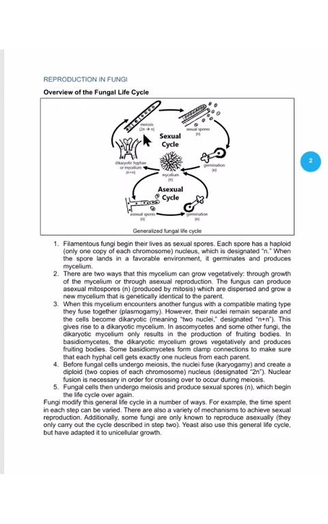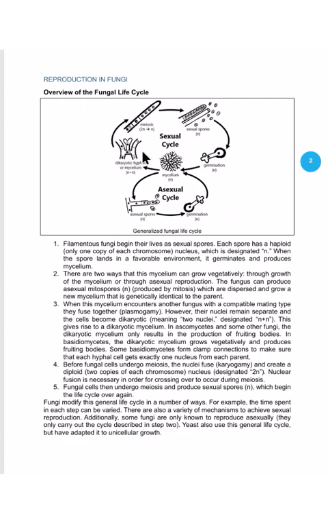So in this mating, or fusing, the first step is what we call plasmogamy. In plasmogamy, the two mycelia meet together, and the plasma of the two cells fuse together to produce one hyphae that carries two nuclei.